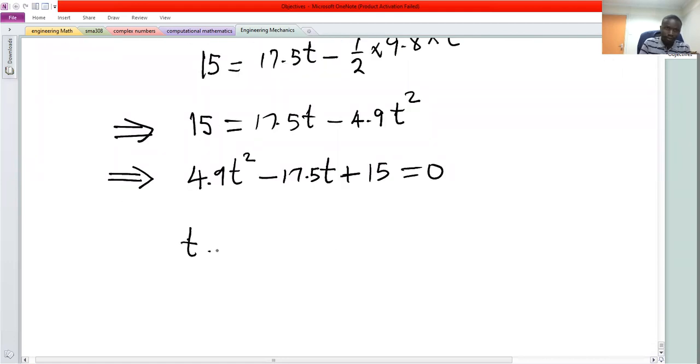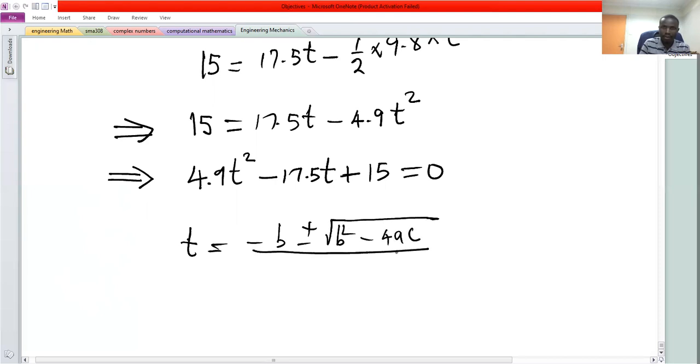Let's use the quadratic formula: minus b plus or minus the square root of b squared minus 4ac, divided by 2a. Remember, in this case, our a is 4.9, our b is minus 17.5, and our c is 15.